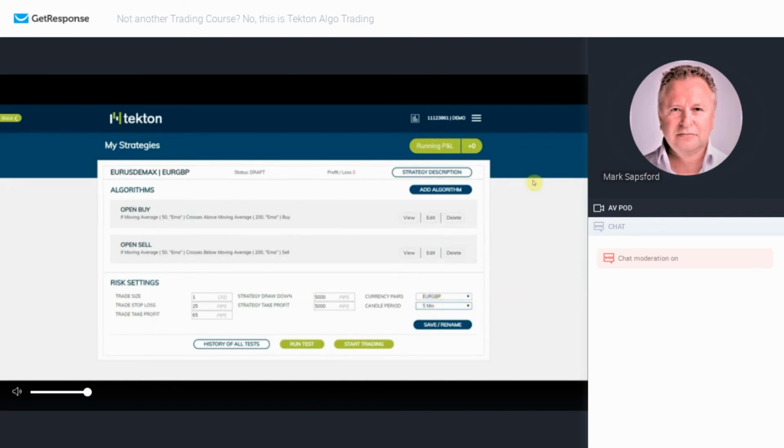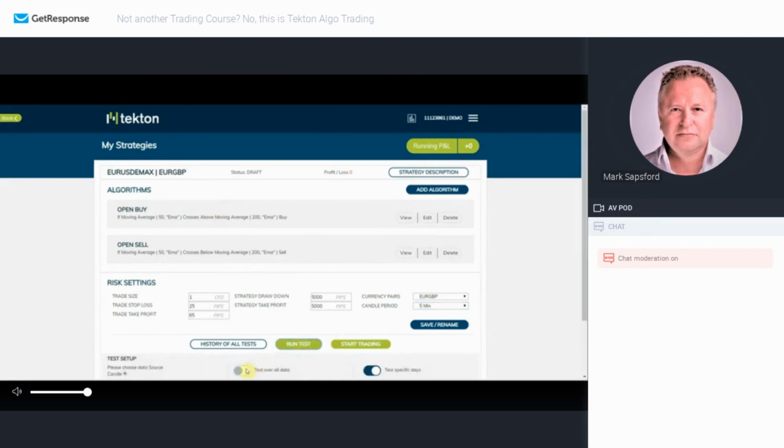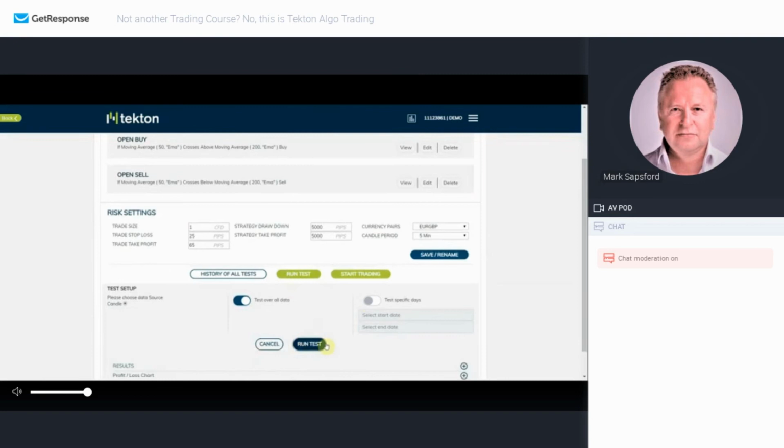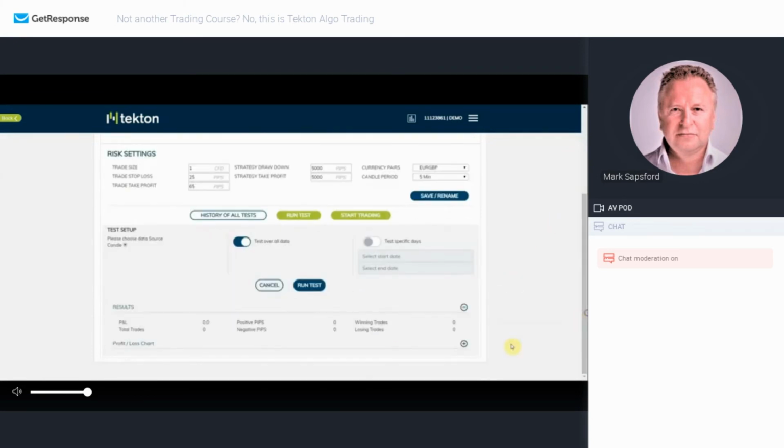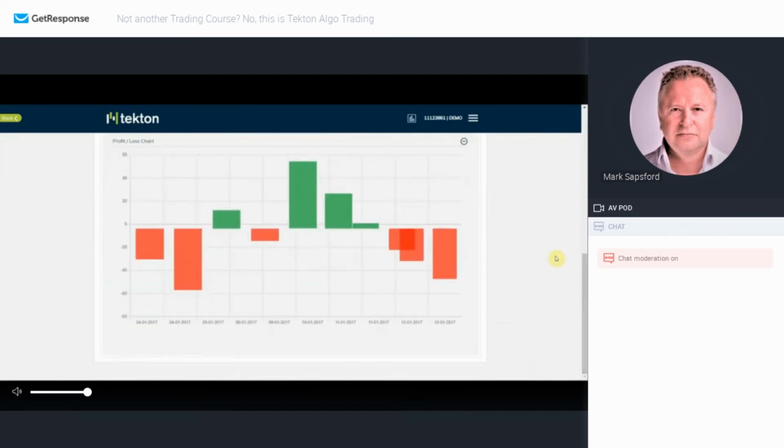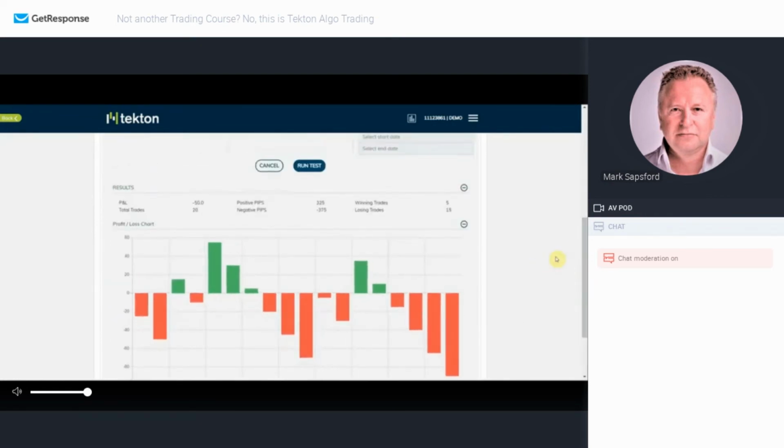So you're now testing a new algorithm, new settings, new instrument, new time frame, and all you've got to do then is simply run that test as you did before and click run, and it will test your strategy on the new settings. Could not be simpler.